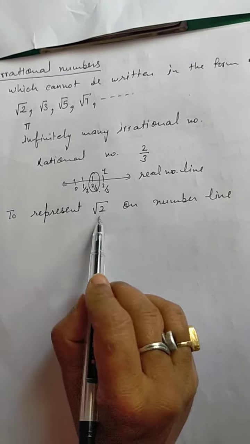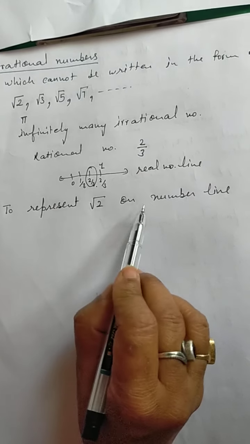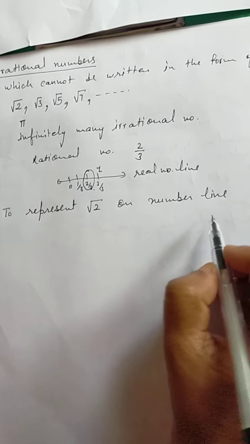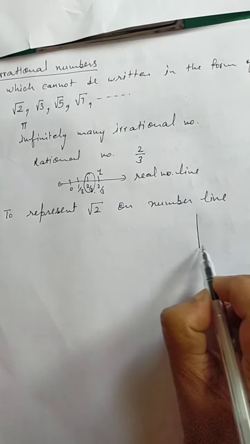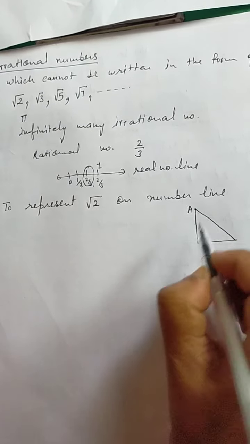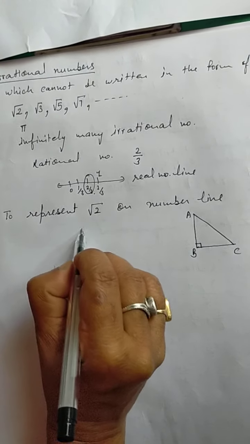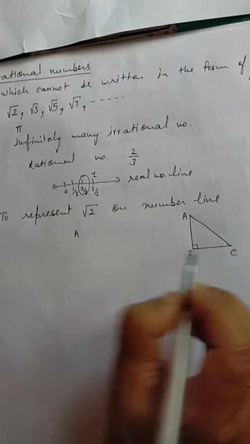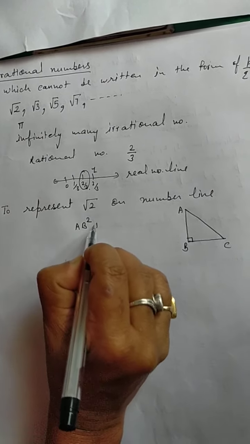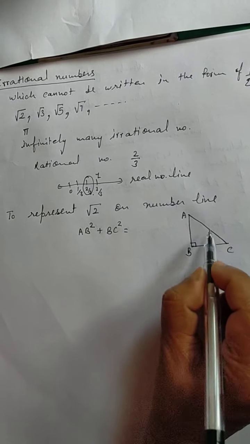To represent square root 2 on the number line. Now square root 2 is an irrational number. How to represent it on the number line? First of all, we must know about Pythagoras theorem. In Pythagoras theorem we have studied, suppose we have a right angle triangle ABC, right angled at B. The sides forming the right angle are AB and BC, and the sum of their squares, AB square plus BC square, is equal to the square of the side opposite to the right angle.